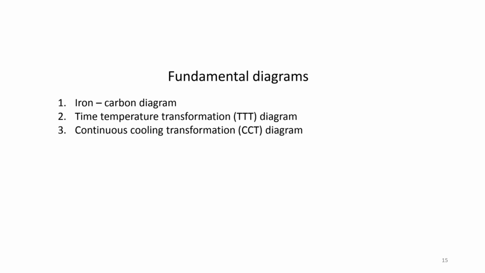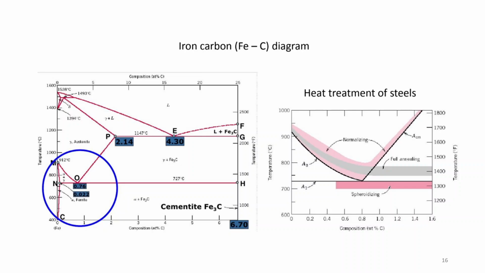These are some of the fundamental diagrams: iron carbon diagram, time temperature transformation diagram, and continuous cooling transformation diagram. First we have the iron carbon diagram. Here you have to remember these three reactions that take place: eutectoid reaction, eutectic reaction, and peritectic reaction.